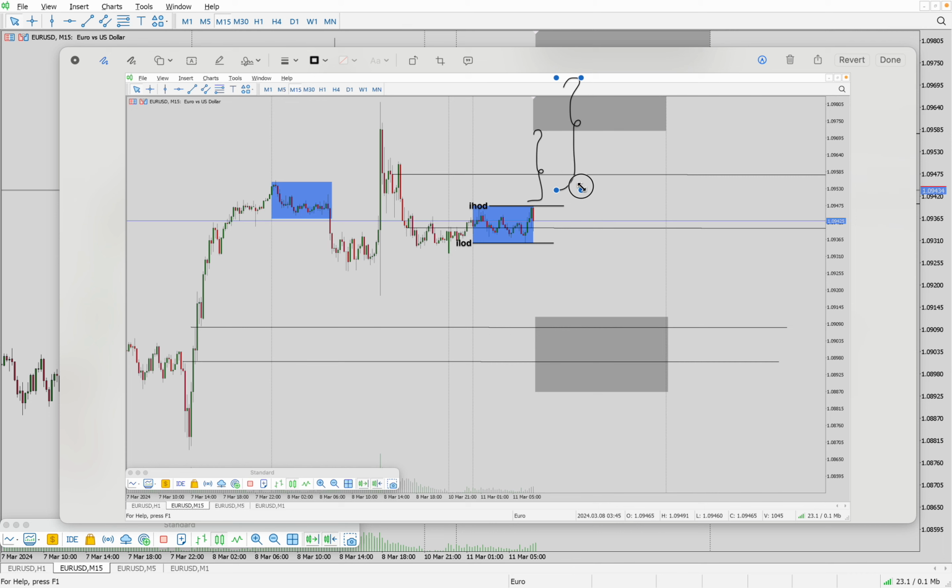So the top of that box, wherever it goes up to, above that barrier on the screen. So this would be a 50 pip range, right? Or from beneath, from the ILOD, 25 pips to form a low of the day, or from the ILOD, 50 pips to form a low of the day.